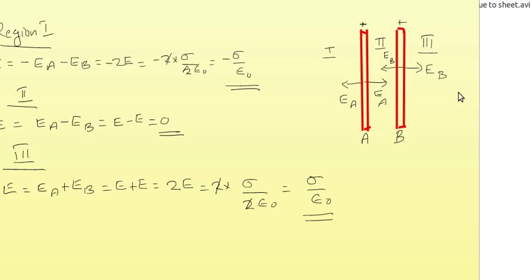Then region 3, again outside, it is plus sigma by epsilon 0, and between the two plates the field is 0. So in the case of two sheets which are negative, in that case also the field will be 0. That means a field is present between the two sheets if one is positive and the other is negative, and if both are positive, the field is 0 inside. If both are negative, then also the field is 0 inside.